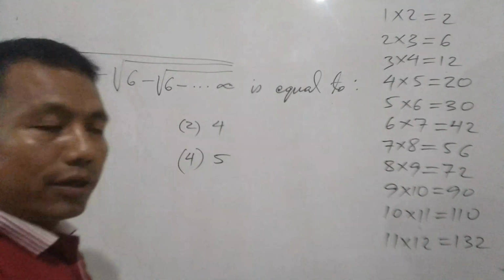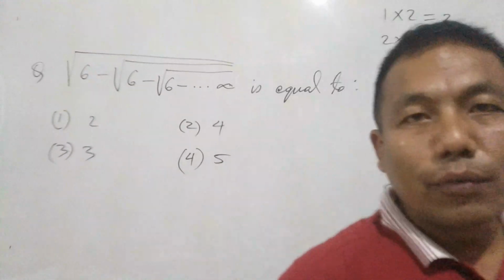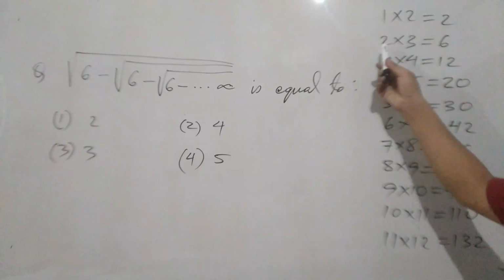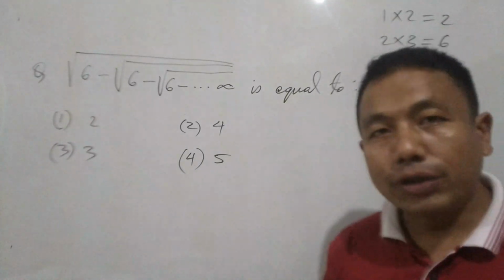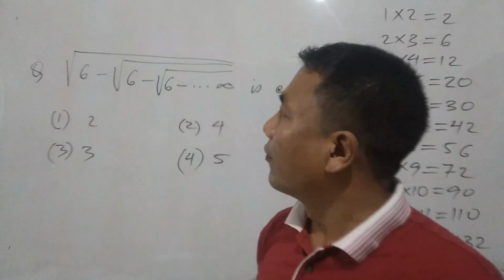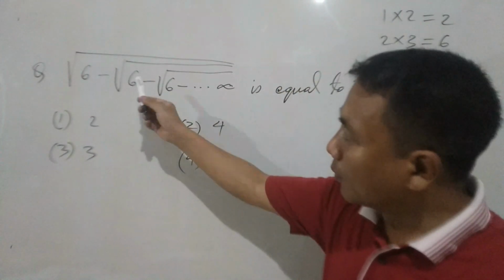What is the answer of this question? Anyone tell me? 6 is the product of two consecutive natural numbers. That is 2 and 3. Select the sign in between. That is minus. Therefore, the smaller one is the answer.